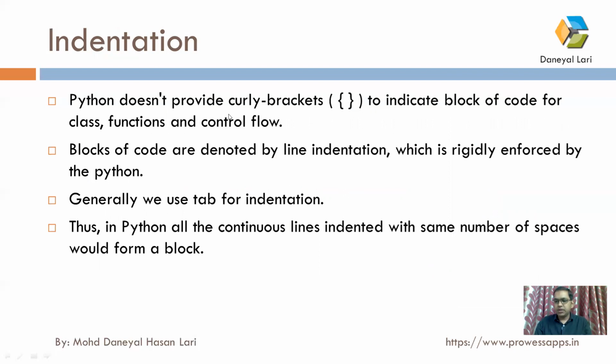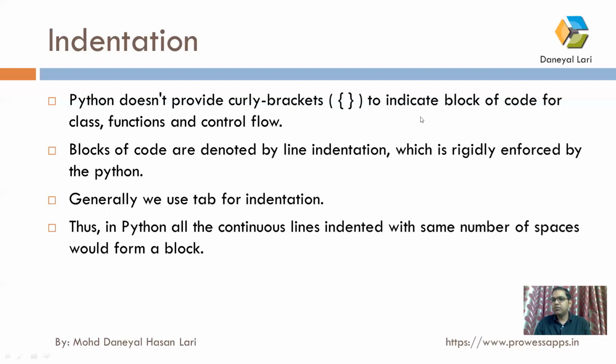If you have learned a previous programming language like C, C++, or Java, we know the concept of blocks, and to make a block we use curly brackets. A block represents the control. Python doesn't provide curly brackets to indicate blocks of code.